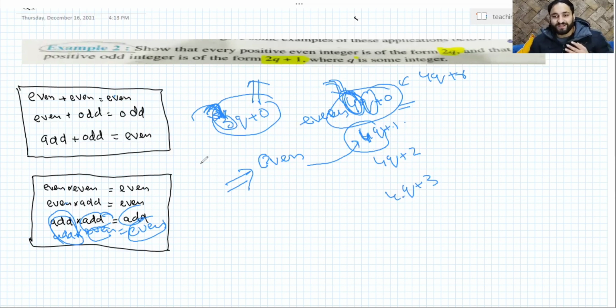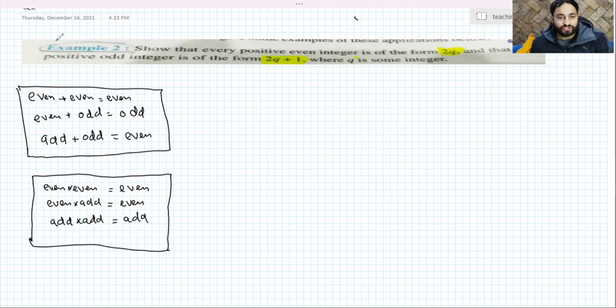Now let's come to the question. The question says, show that every positive even integer is of the form 2q and that every positive odd integer is of the form 2q plus 1, where q is some integer.